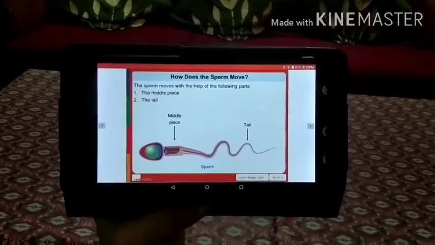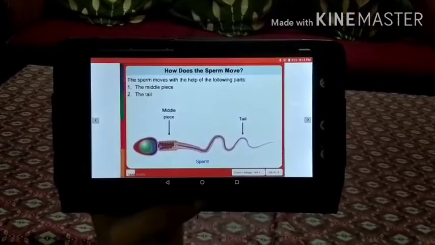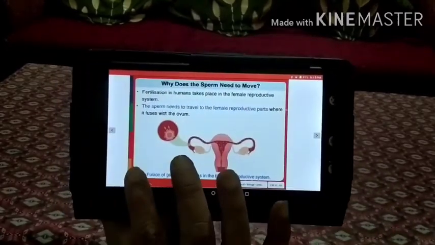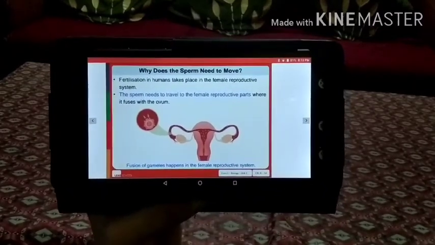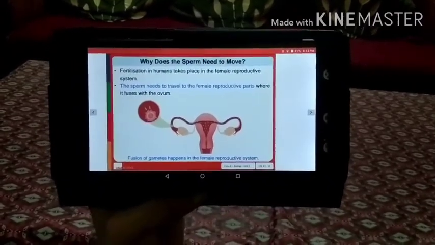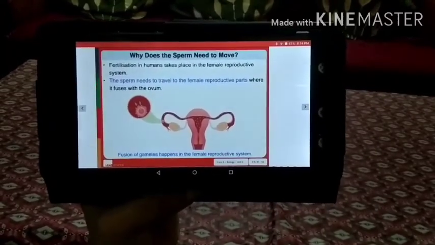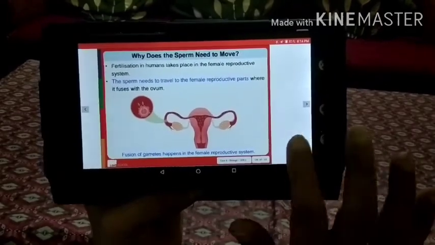The sperm moves with the help of the following parts: the middle piece and the tail. Fertilization in humans takes place in the female reproductive system. The sperm needs to travel to the female reproductive parts where it fuses with the ovum.